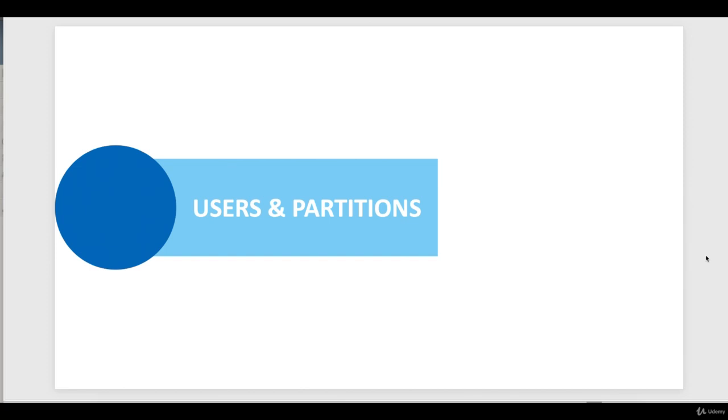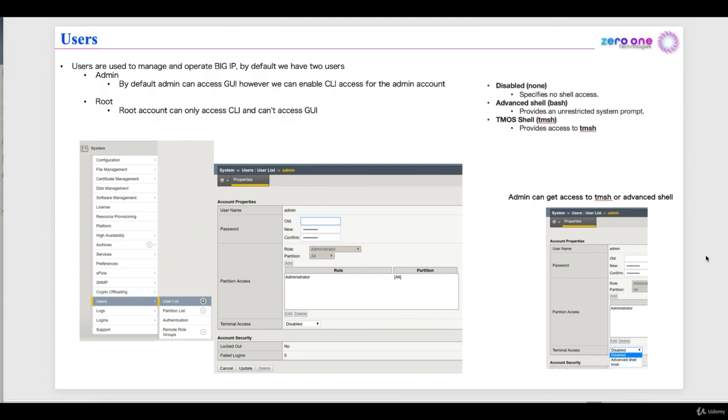This session we will talk about users and partitions. By users, we mean the administrative users who access the BIG-IP for administration tasks. Throughout the previous sessions, we used admin for the GUI, the configuration utility, the web management of the BIG-IP, and for the CLI we used root.